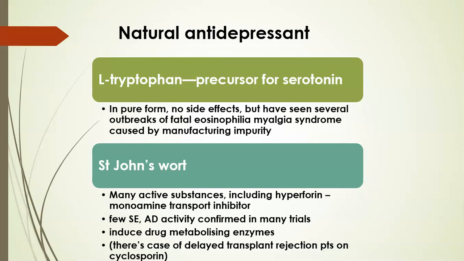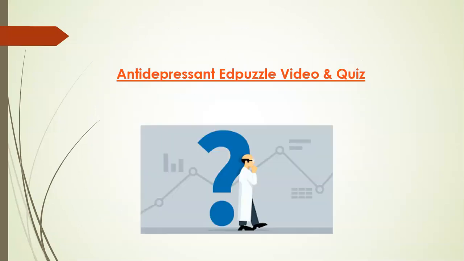Although it has very few side effects, it can have drug interactions with our other antidepressant drugs because of the enhancement in the monoamine transmitters. So it can cause serotonin syndrome.